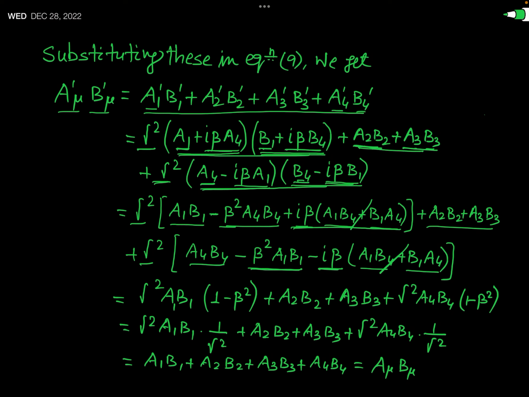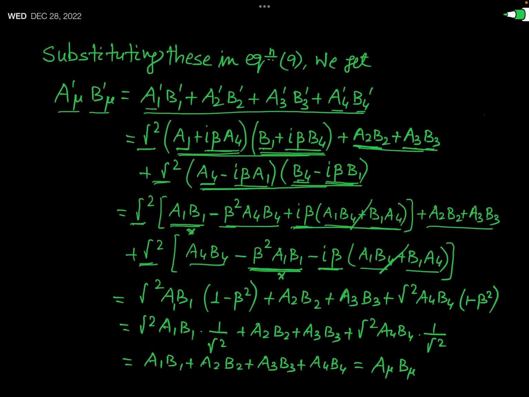Now see here. This gamma square times A1 B1. Okay. And gamma square times beta square A1 B1 with negative sign. I am marking this by cross sign here. Combine these two terms. These two cross terms we will now combine.